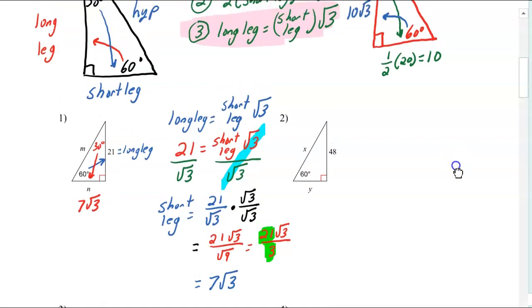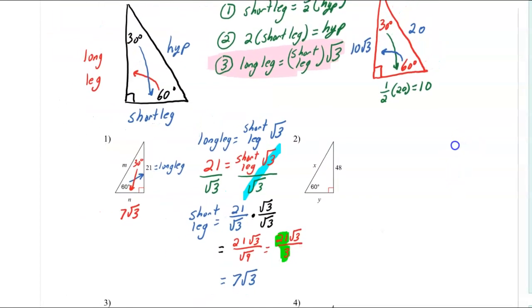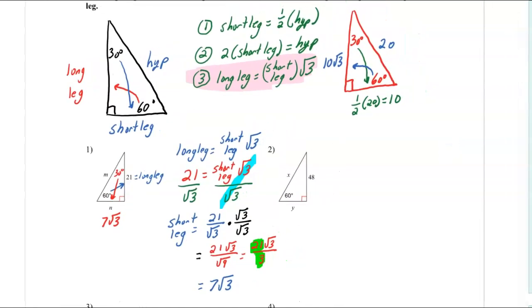And knowing that we double the short leg to get the hypotenuse, I'm going to highlight this in yellow. If you double 7 square root of 3, you get 14 square root of 3 for the hypotenuse. So this is the process in order to find the short leg and the hypotenuse when you are given a long leg. Let's look at example number 2.